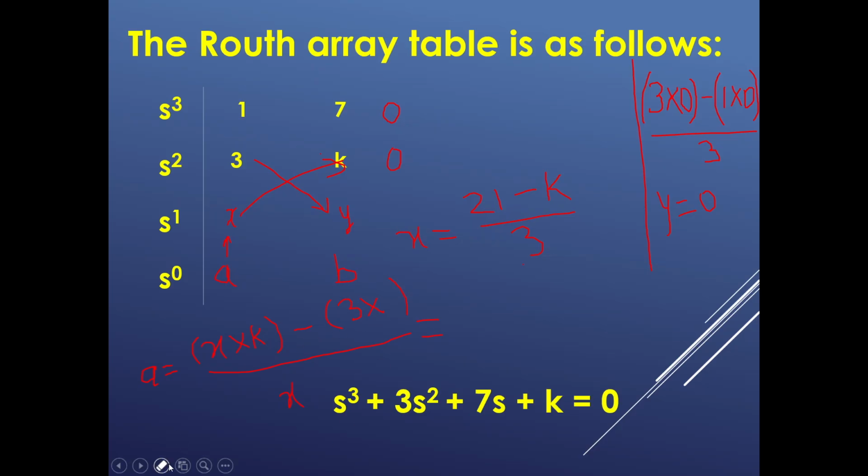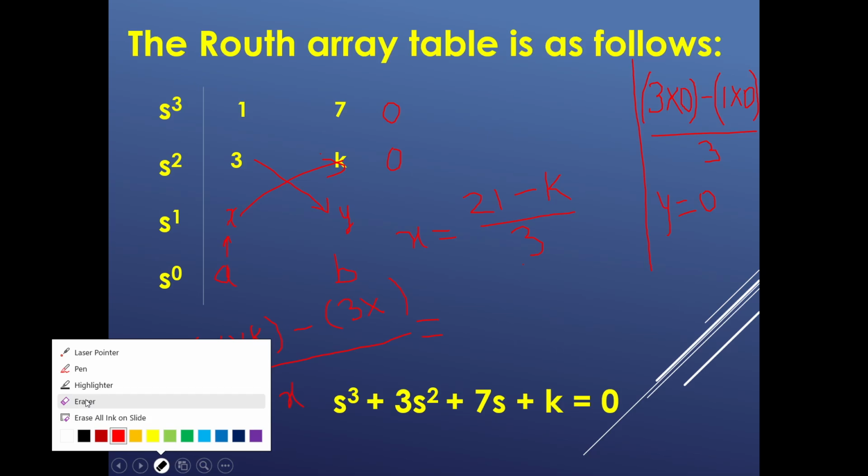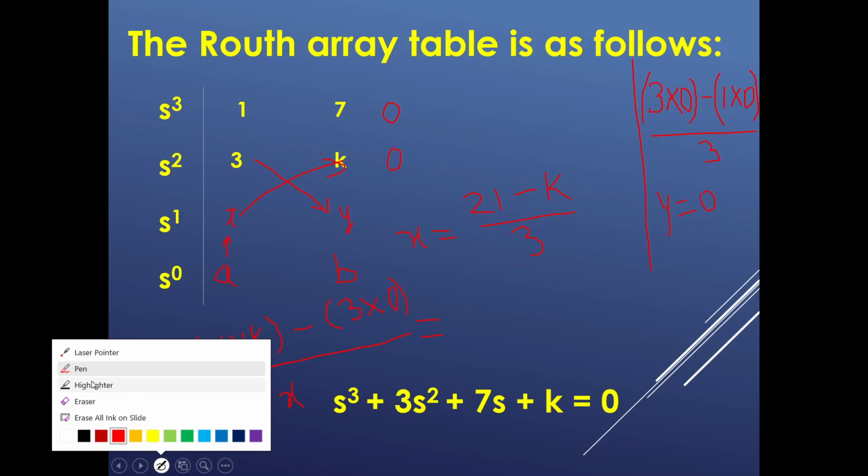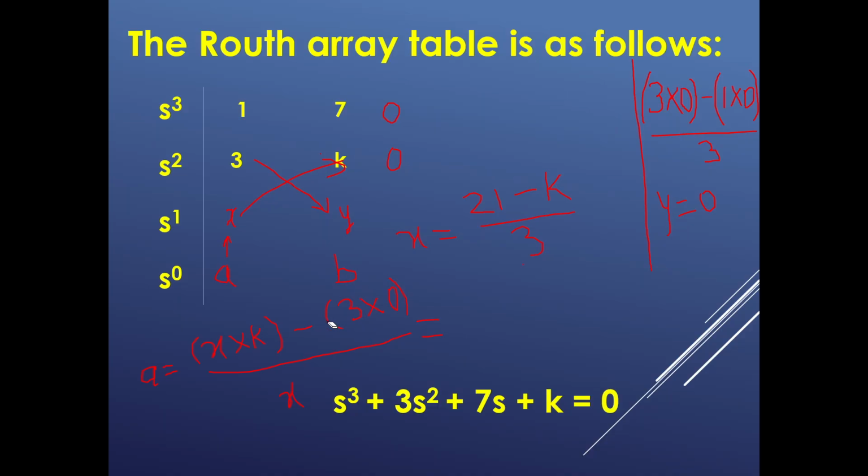What is y value? Y value is 0. So I have erased the y and substituted 0. So 3 into 0 is 0, so I can remove this whole term. Anything minus 0 is anything, so no need to keep it.